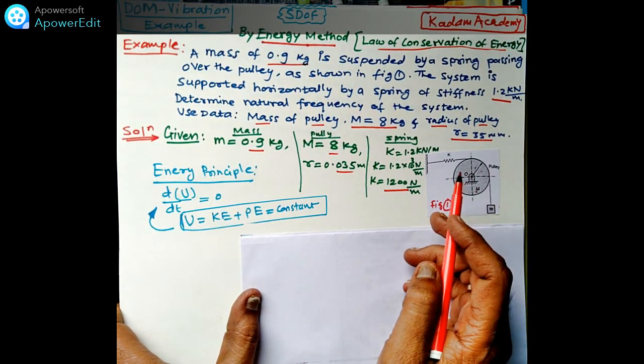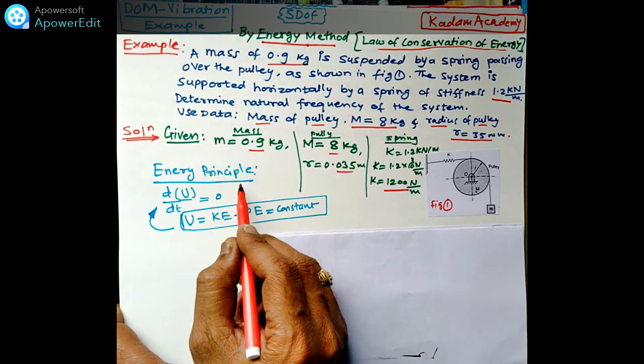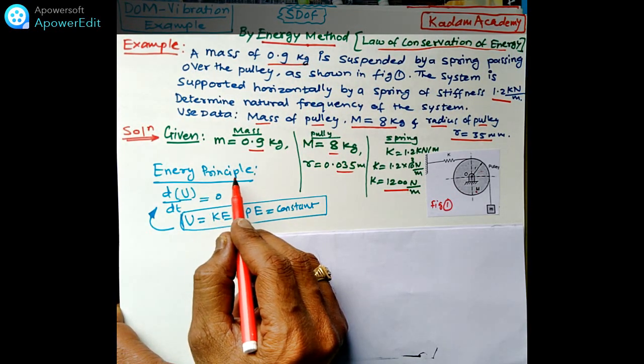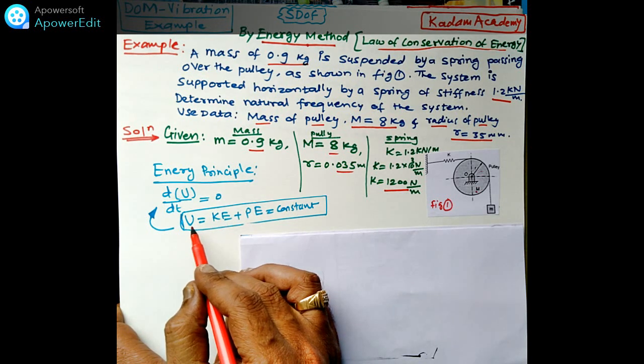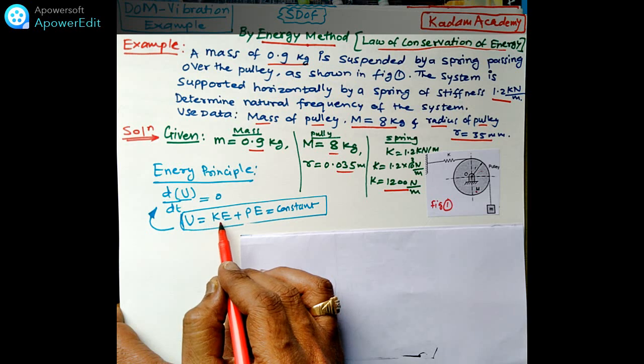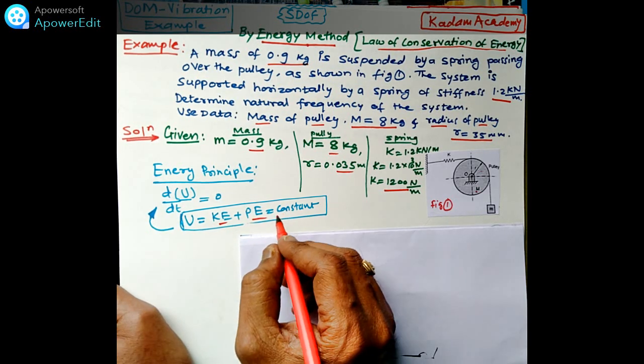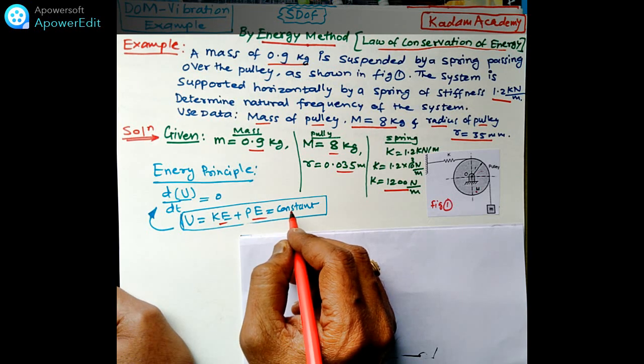So what is the basis to solve this numerical? We can use the energy principle. What does the energy principle say? The total energy remains constant. It can be in any form, kinetic energy or potential energy, and the addition of these two is always constant.